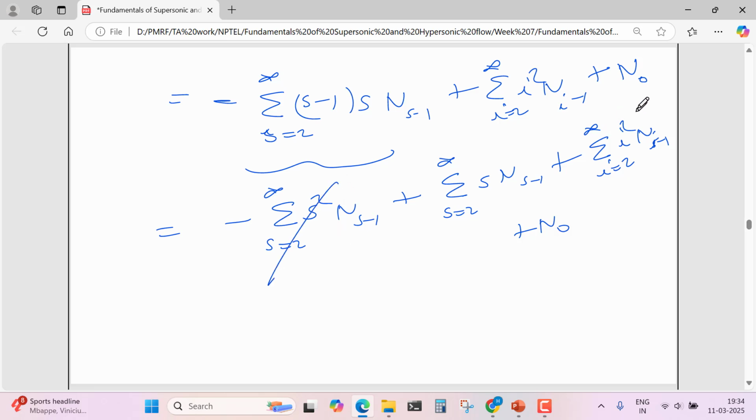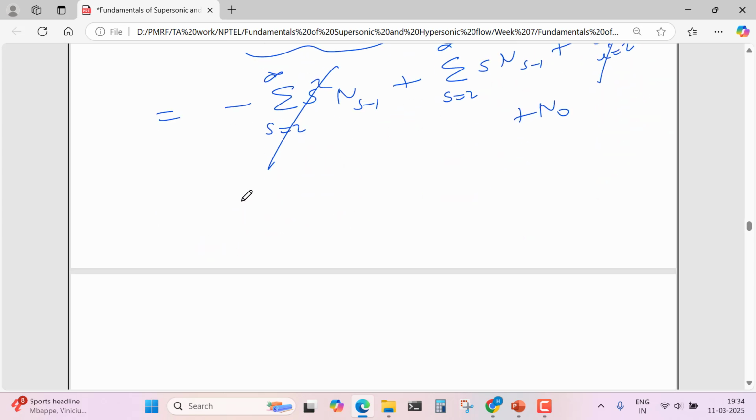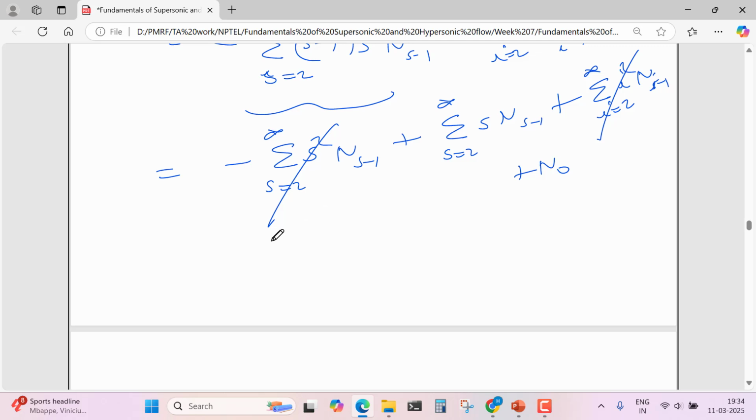These two terms are same, so they will cancel, and this term can be written as sigma s n_{s-1} plus n0. We will come back again to i, so s, we will substitute s minus 1 equal to i.